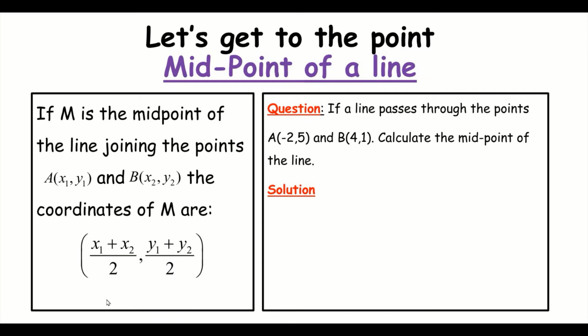Now our first practice session is going to be on midpoint. We know midpoint means, as the word says, midpoint. So it's halfway between two given points on a line.